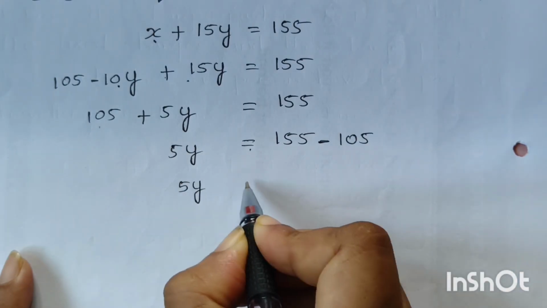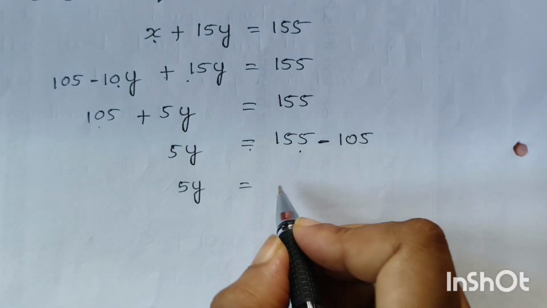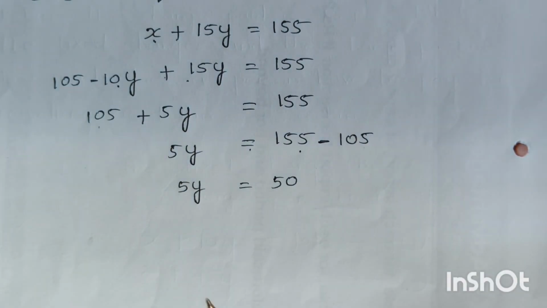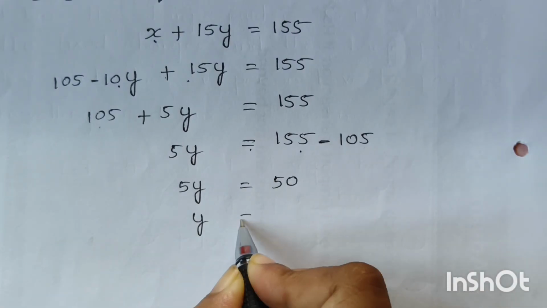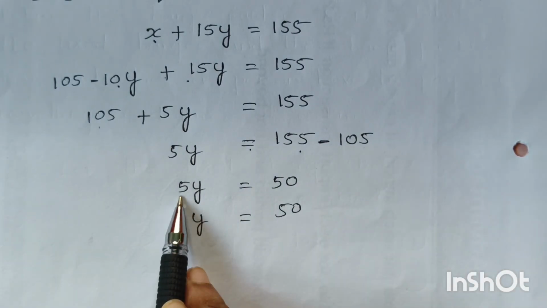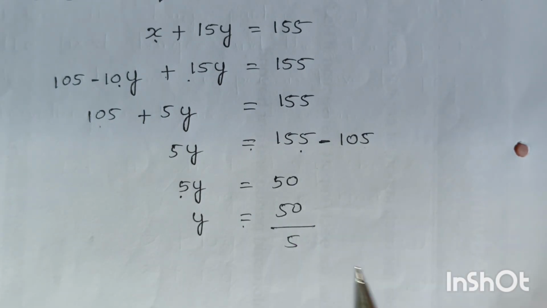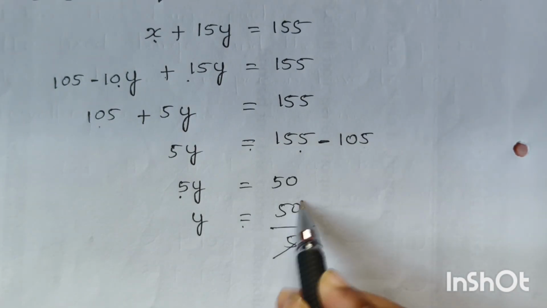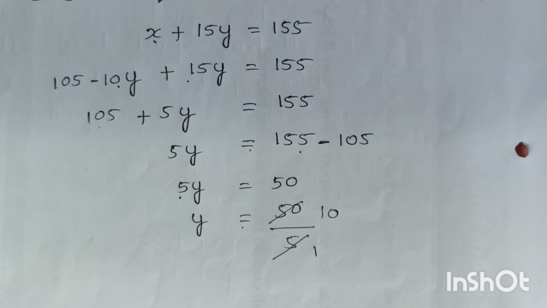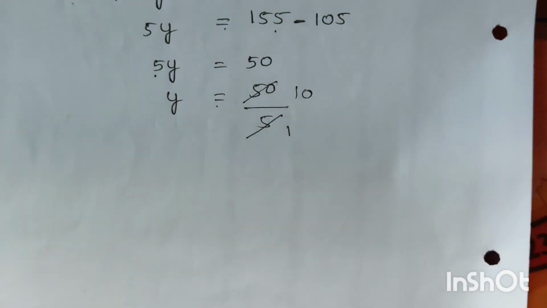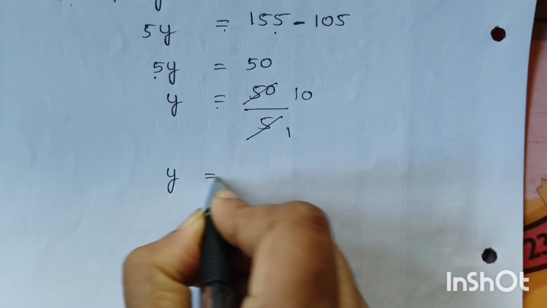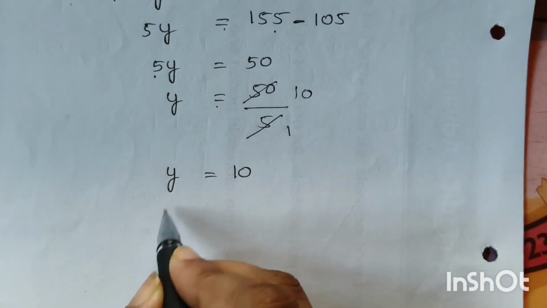That is 155 minus 105 is 50. 5y is equal to 50. y is equal to 50 divided by 5. When it crosses the equal to sign, it becomes divided by 5. 5 ones are 5, 5 tens are 50. y is equal to 10.